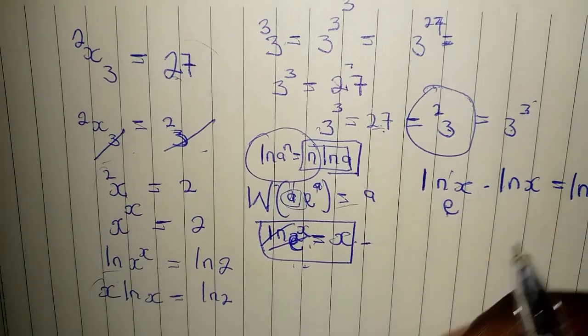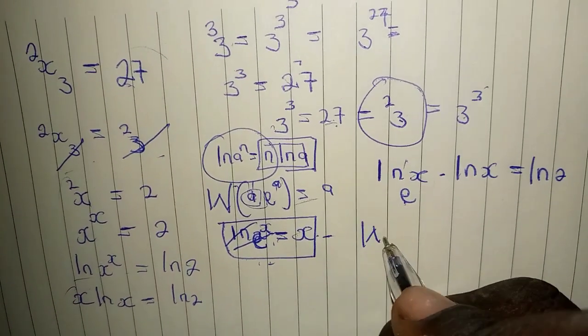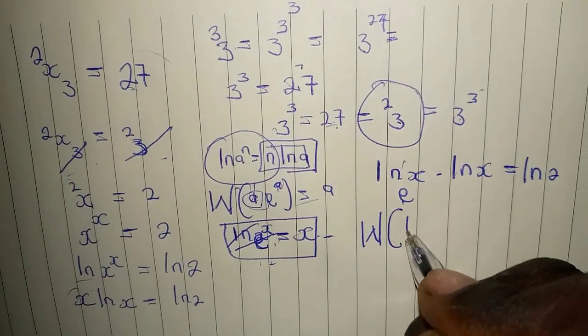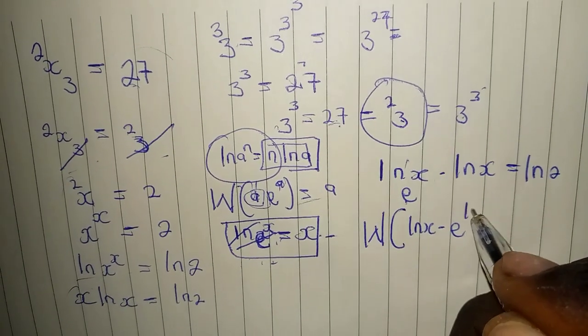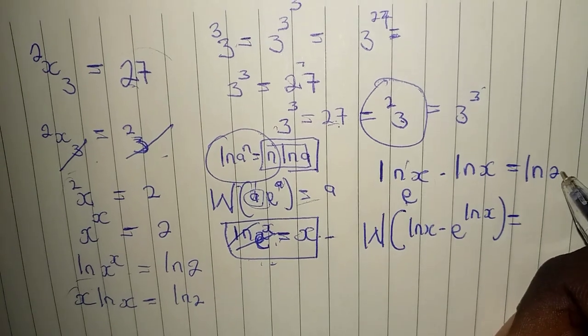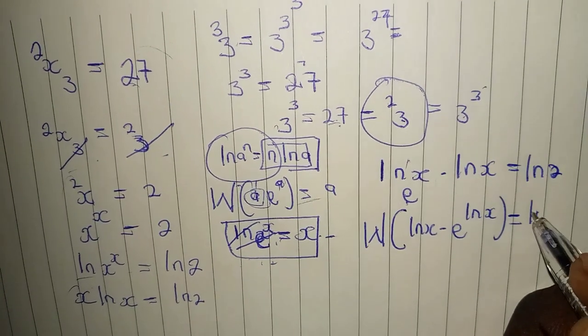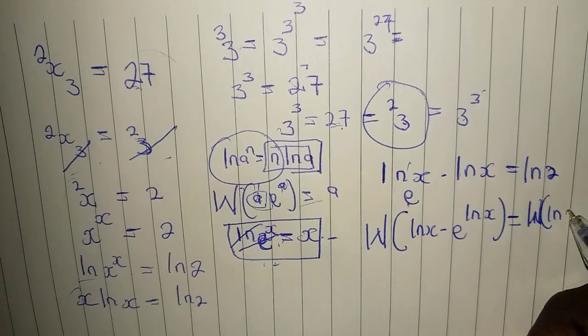So now taking the Lambert W function of both sides, we have the Lambert W function of the natural logarithm of x times e raised to the power of the natural logarithm of x is equal to the Lambert W function of the natural logarithm of 2.